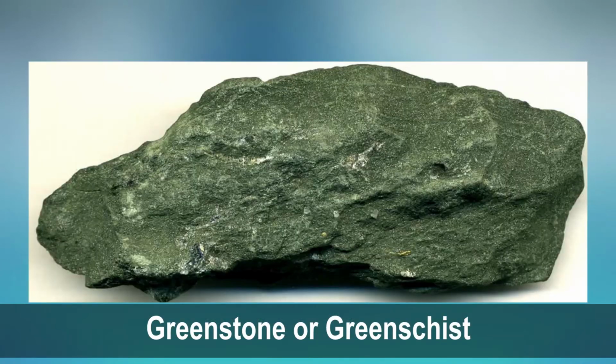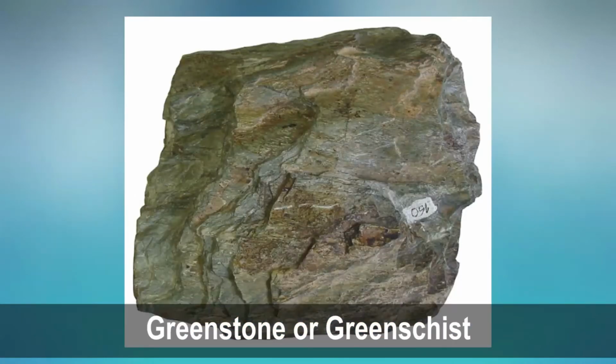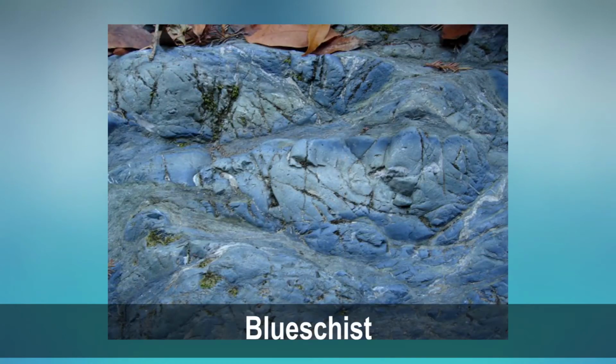These rocks form mainly from metamorphism of a basaltic igneous parent rock and are marked by the presence of chlorite mica, which gives green schist its characteristic green color. Blue schist, a metamorphosed mafic rock containing large quantities of glaucophane, blue amphiboles, and has a pronounced schistosity.